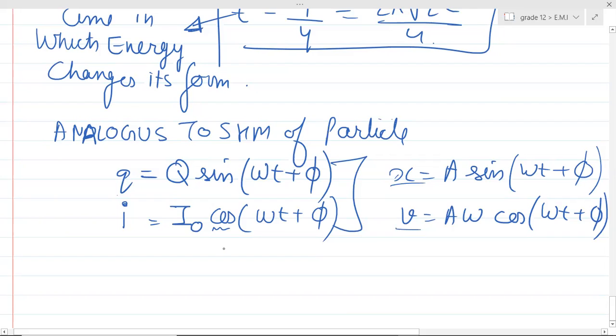Sine and cos are interchangeable if you remember, but not interchangeable like this. You need to rotate it by a phase difference of 90 degrees. Then we get the equation as capital Q cos omega t, because it's a charged capacitor. So at t equal to 0, it has maximum charge.